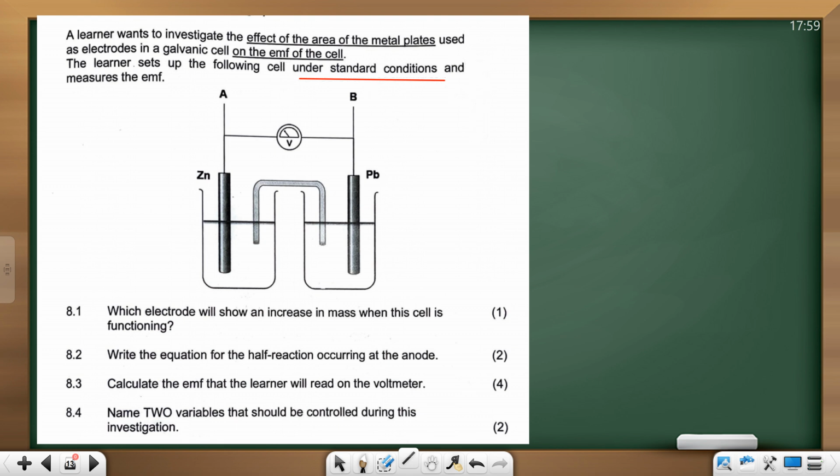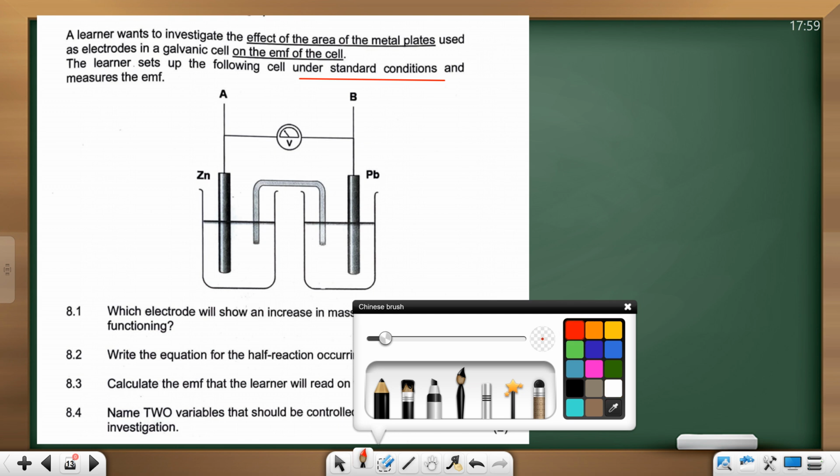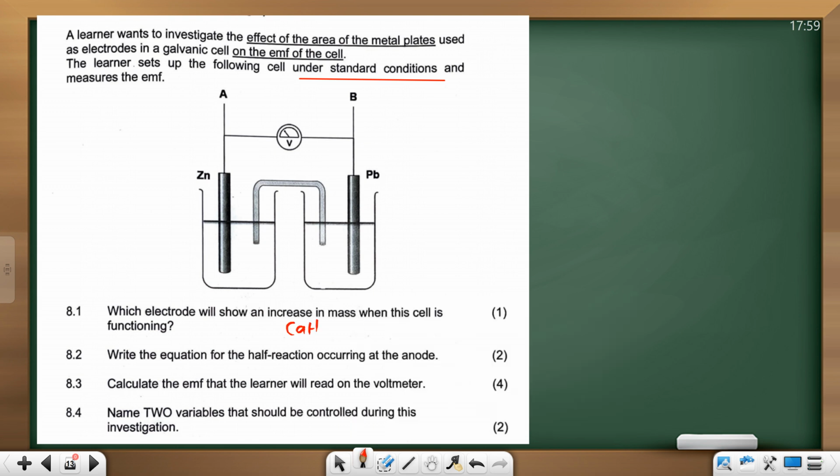Which electrode will show an increase in mass? Is it the cathode or the anode? The cathode, right? Can you identify the cathode for me? Which table are we using? 4B. Which one? Is it the first or the second one? Quickly, everybody, I'm sure you have a table there with you.